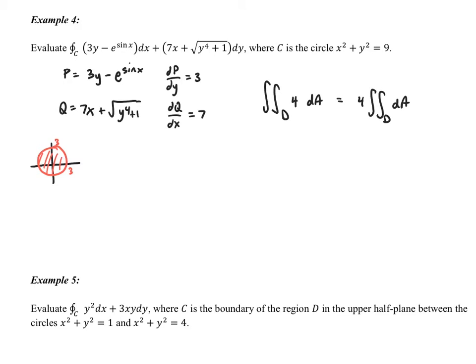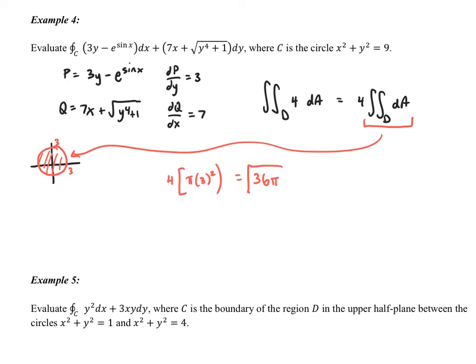So this double integral right here is the area of that circle. Remember when we had a triple integral with a function of 1, that was a volume. So it takes that double integral, and instead of being a volume, it's actually an area because the function we're using is just 1. So we have 4 times the area of this circle, which is going to be 36 pi.